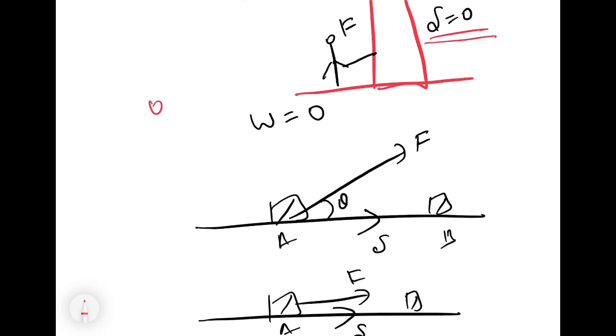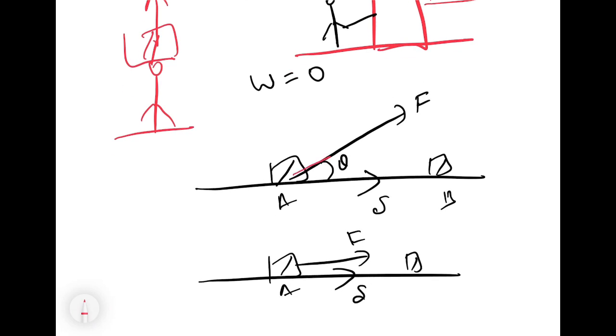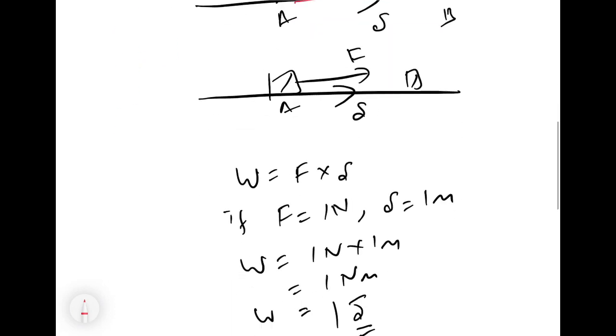Say, for example, you are standing with a heavy load on your head. You are applying a force on the load, but because you are not moving, the work you do is 0. Third thing, sometimes the force produces a displacement at an angle, in which case the definition of work becomes a little more complicated because we have to put in the angle also, but for that you have to reach class 10.